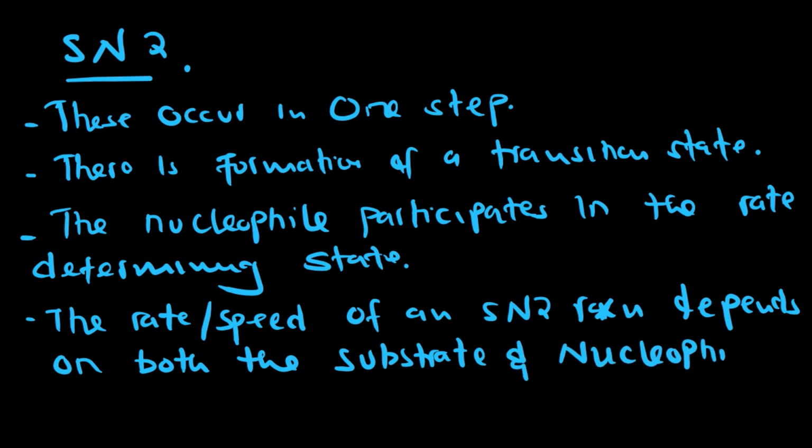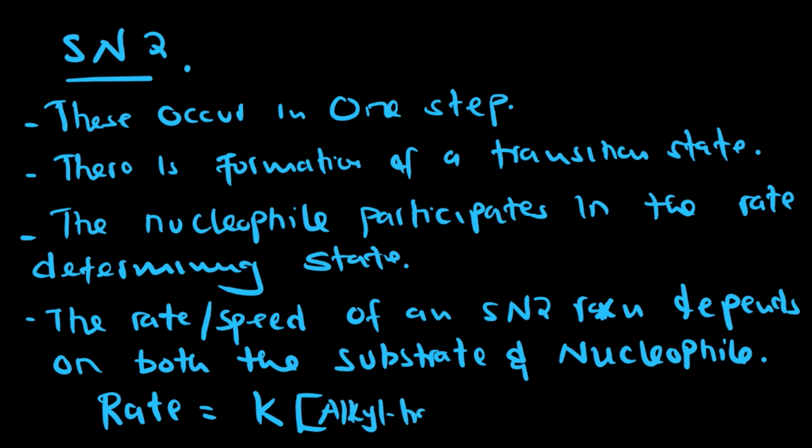So the rate law for an SN2 reaction is like this. Rate is equal to the reaction constant k times the concentration of the alkyl halide times the concentration of the nucleophile.